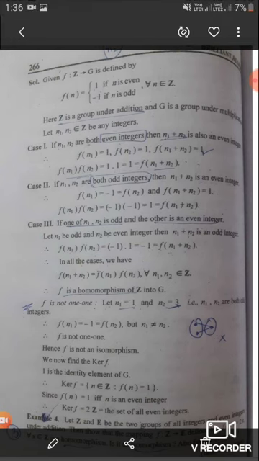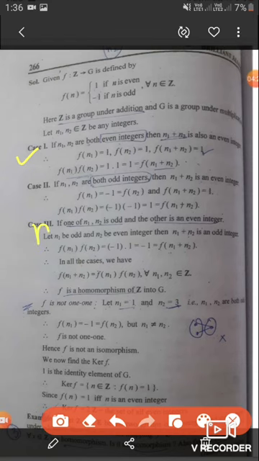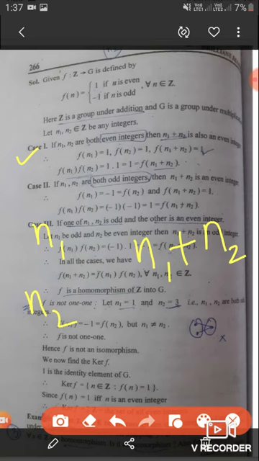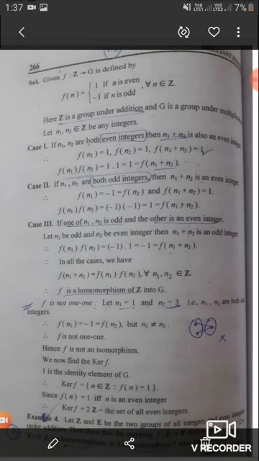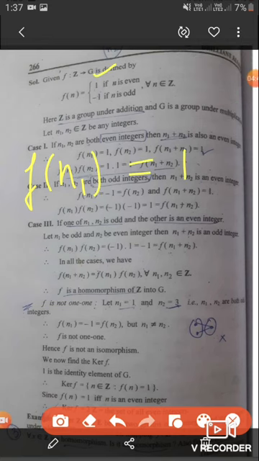So let us talk about the first part, when both n1 and n2 are even integers. When n1 and n2 are even integers, we know that the sum of two even integers is also an even integer, right? So the image of an even integer n1 will be equal to 1.